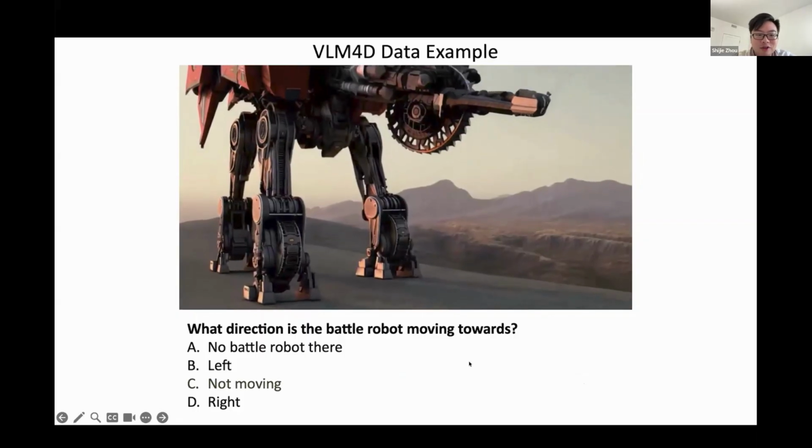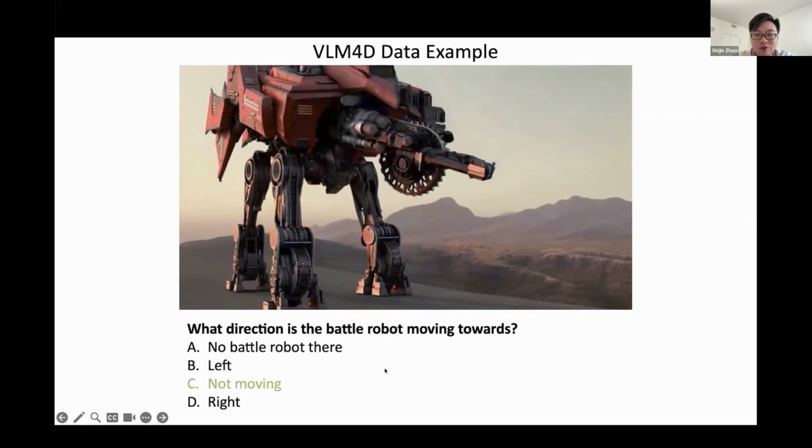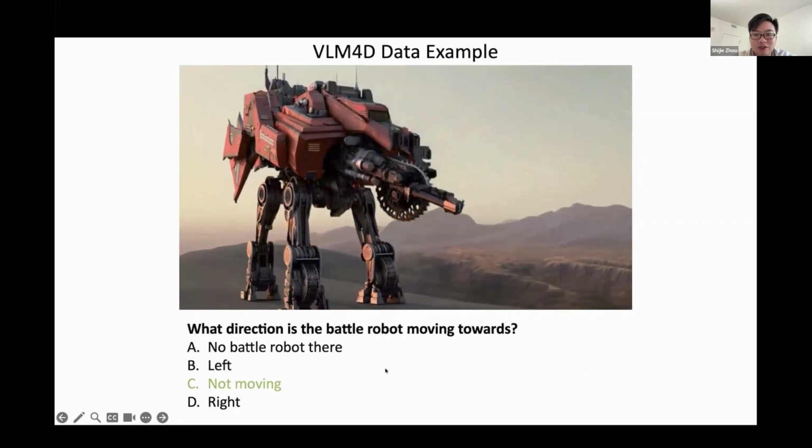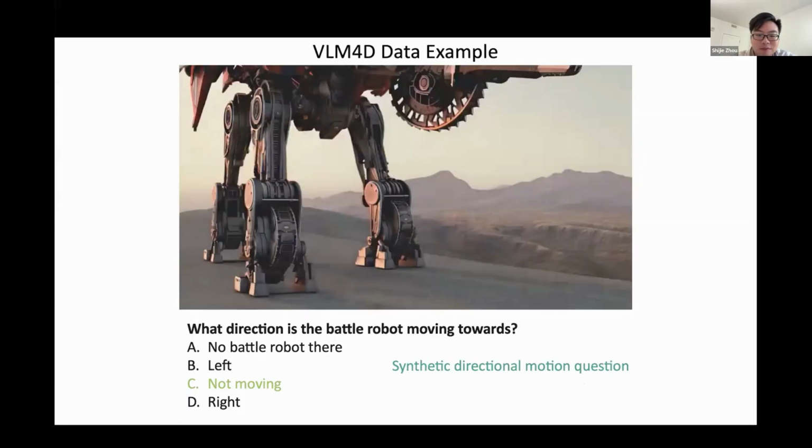So the correct answer should be not moving. So this is a bit challenging for the VLMs, and in this case we can generate it from our video generation model easily to challenge the VLMs.